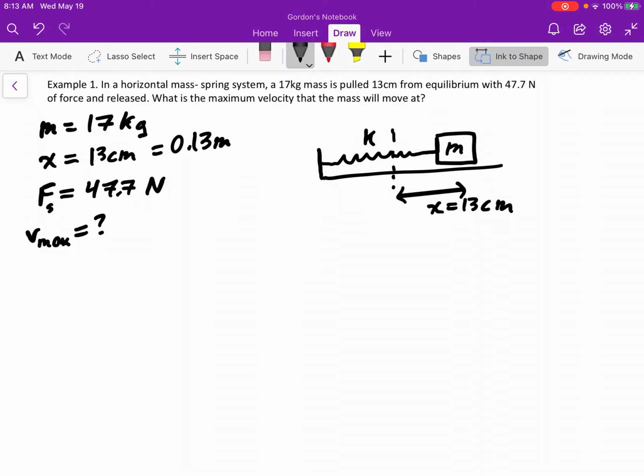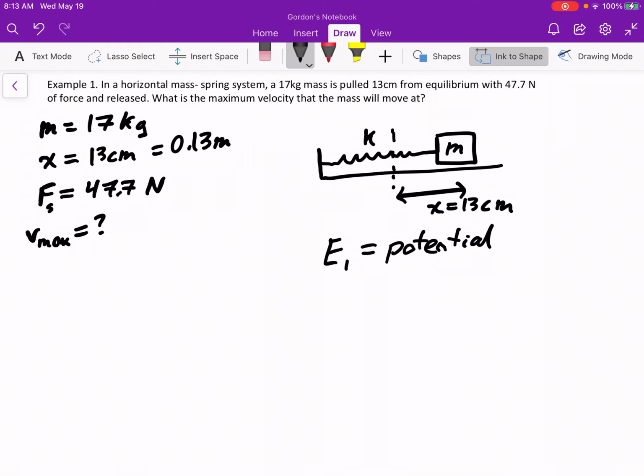At this point, we've given the system some energy. And the energy that we've given to the system is going to be all potential energy at this point. So the energy at stage 1 is going to be potential.